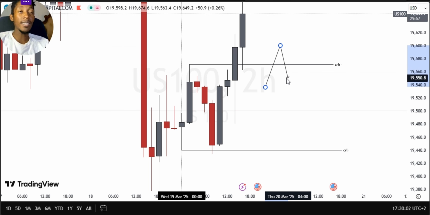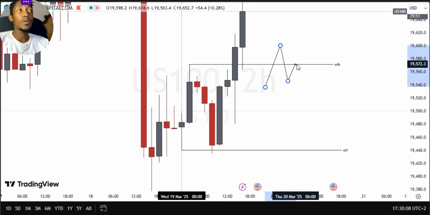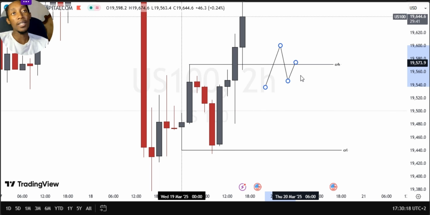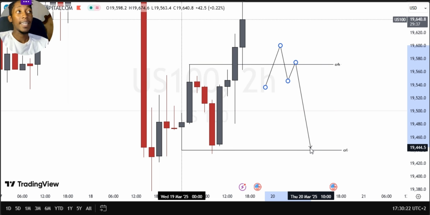Once it gets inside the zone, you wait for a pullback into a zone here, either a fair value gap or a supply zone. Once it gets to your supply zone, that's where you take your entry, targeting the CR low.